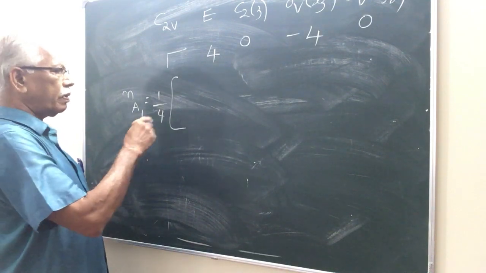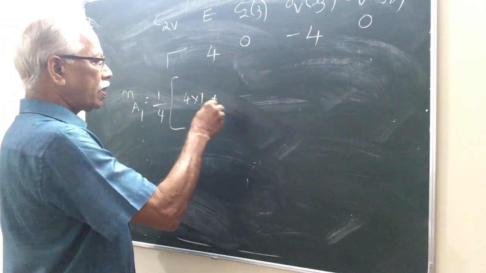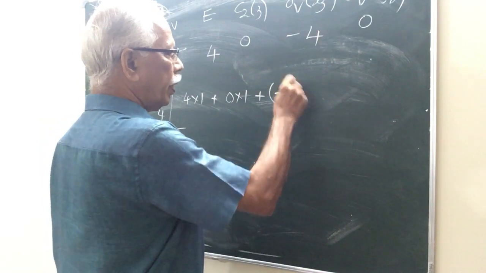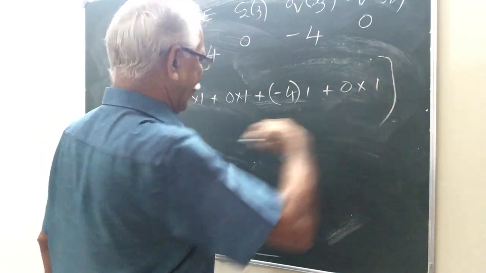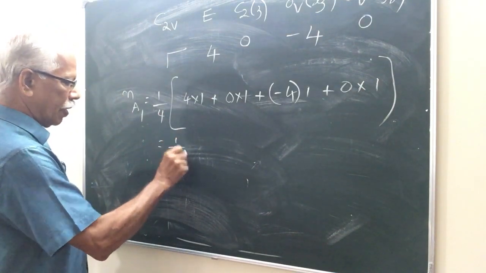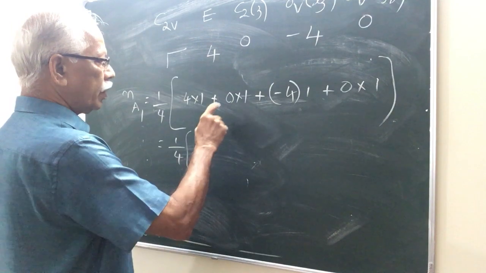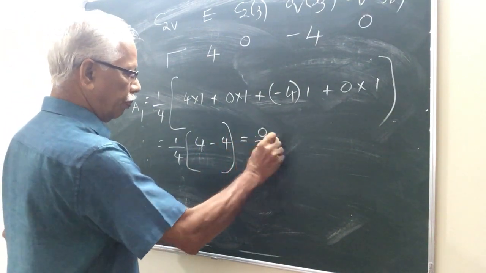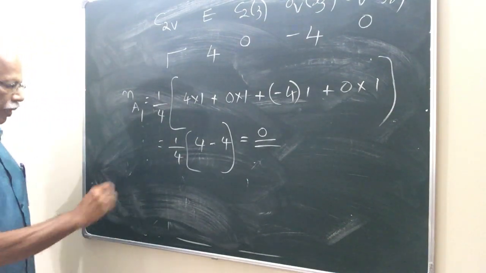So A1 is 1, 1, 1, 1. So I will write 4 into 1 plus 0 into 1 plus -4 into 1 plus 0 into 1. This becomes 1 by 4 into 4 minus 4, or it is 0. There is no A1 irrep as a component.